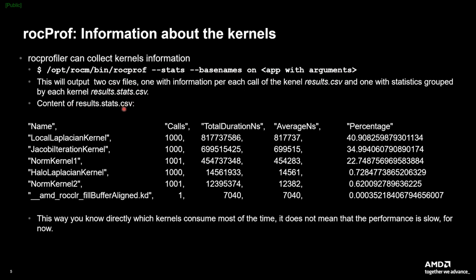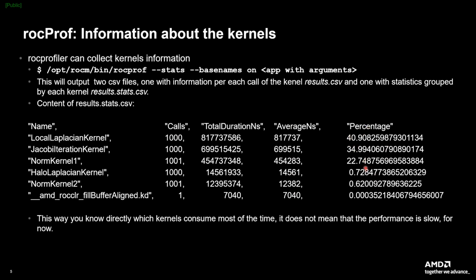The content of results.stats.csv is the name of the kernel, how many times each of them is called, the total duration, which is in nanoseconds but for all of these calls, the average duration, and the percentage that this kernel takes in the total execution.